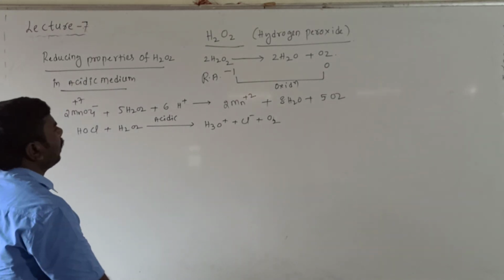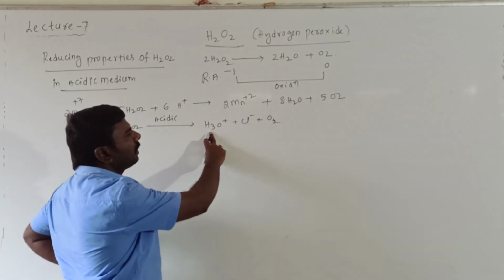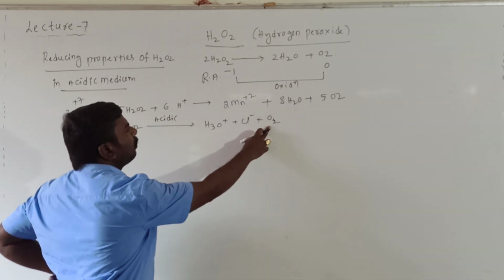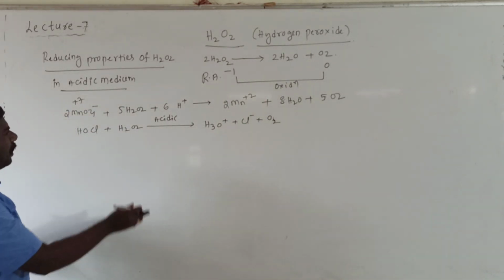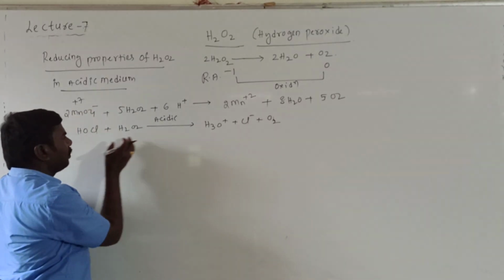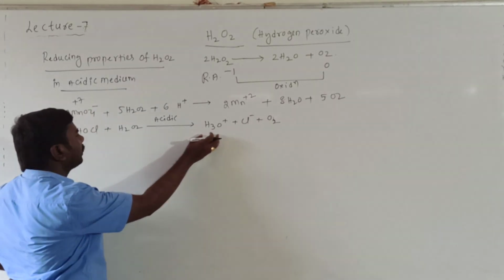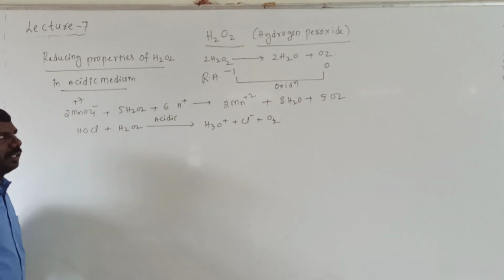Check it clearly. H3O plus is decomposed into H2O and H plus. H2O and O2 are there. Obviously, it is acting as a reducing agent. So now HOCl is reduced to H3O plus by H2O2 acting as a reducing agent.